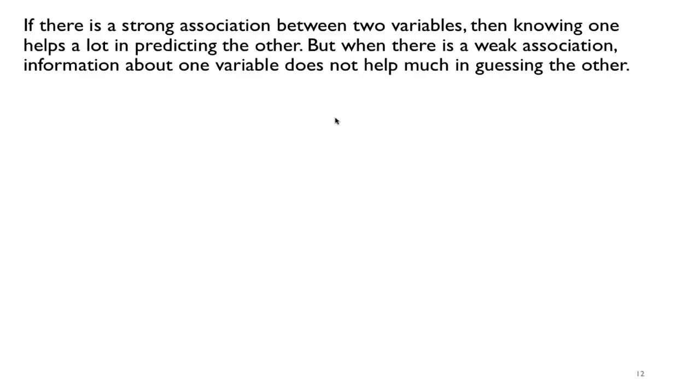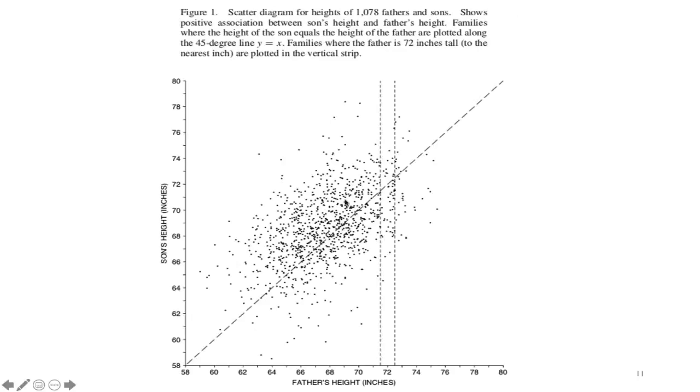Based on this, it looks like there's some kind of correlation between the two variables, meaning that as the height of the father increases, we see a general increase in the height of the son. For all these points here, the height of the father is short, so the height of the son is also short. But points over here indicate that when the father is tall, so is the son.